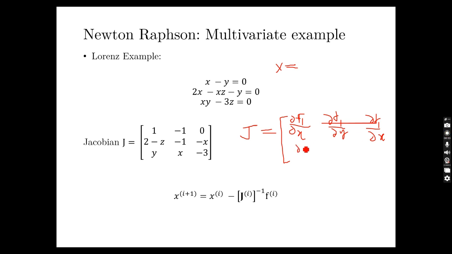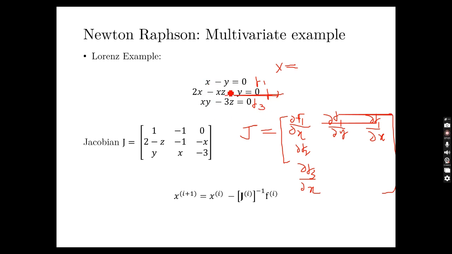And similarly here I would do for del f2 the same thing, and for the last case I will do for del f3 the same thing. So it's a three-dimensional system, so we will get a 3 cross 3 Jacobian. So this will be our f1, this is our f2, and this is our f3.